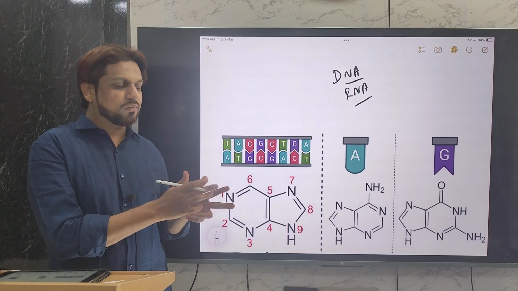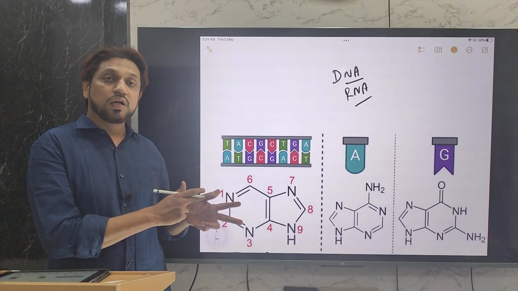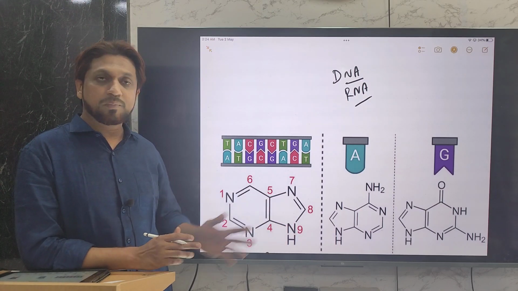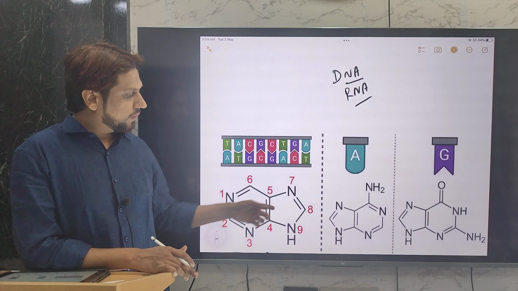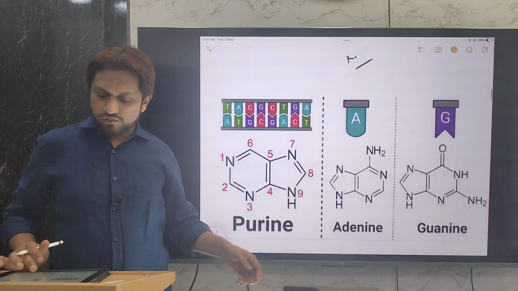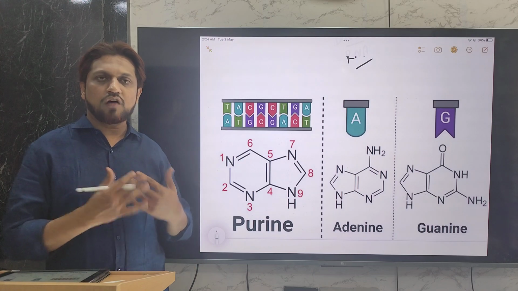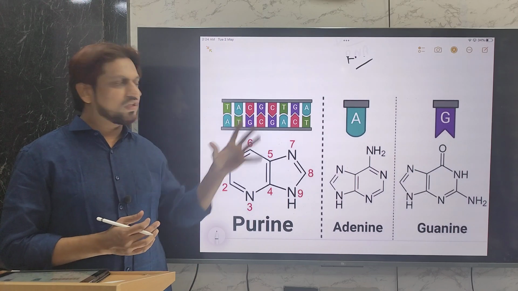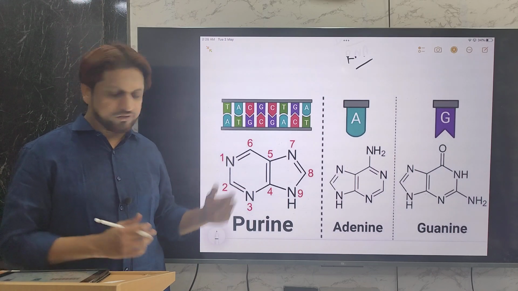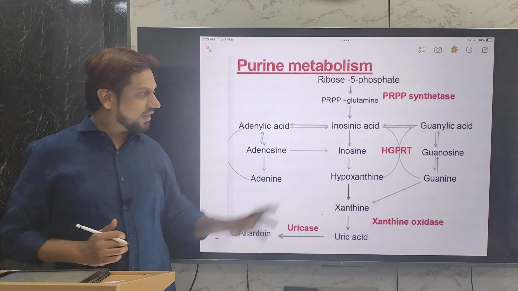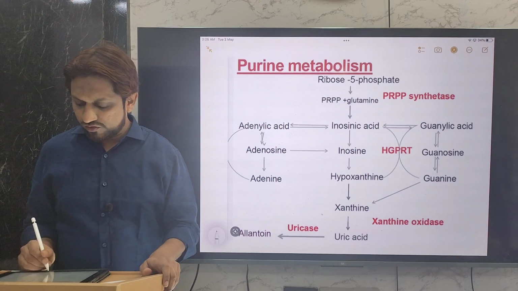The nitrogenous base can be a purine or a pyrimidine. One of them is purine, adenine and guanine. After cell metabolism, this DNA and RNA will break down, which leads to the metabolism of these purines. Ultimately the end product of purine metabolism is uric acid.